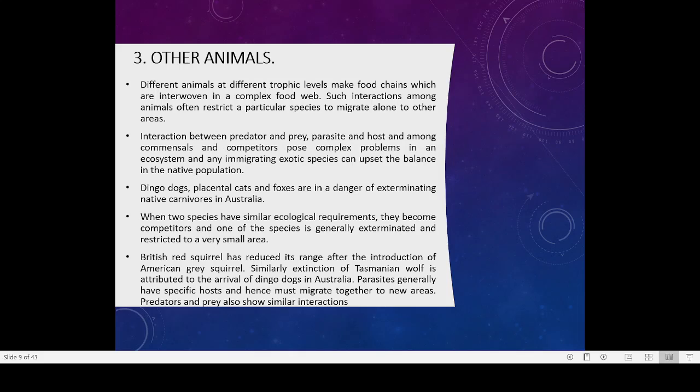So interaction between predators and prey, parasite and the host, and among commensals and competitors pose a complex problem in ecosystem, and any immigrating exotic species can upset the balance of the native species. If there is any immigrating exotic, what is that? Foreign.